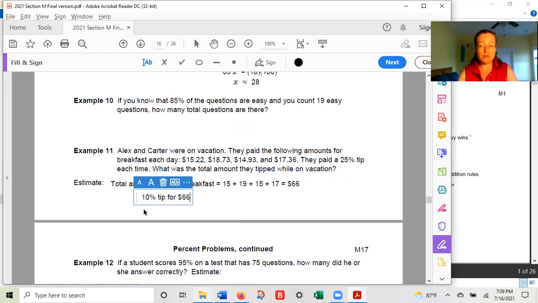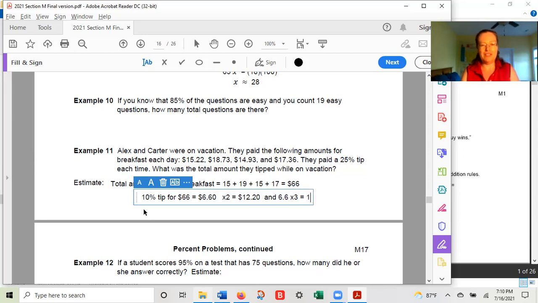Remember, we just move the decimal one place to the left. It'd be $6.60. Now, if I multiply that by 2, that's going to be $13.20. And 6.6 times 3 is going to be, what is that one? 8 carry the 1, 18, 19. Is it $19?